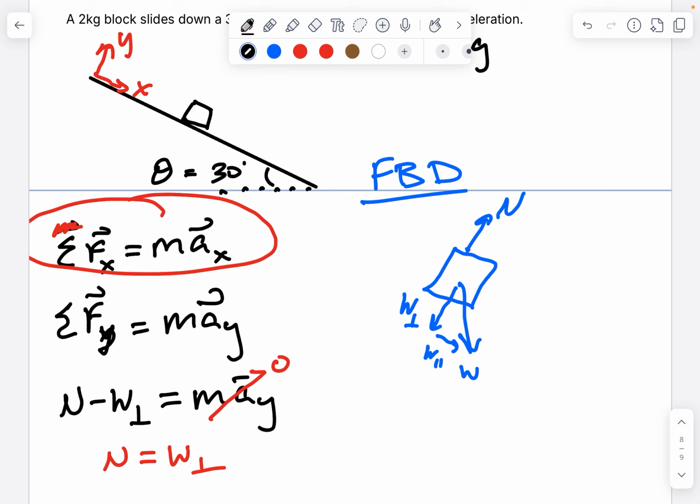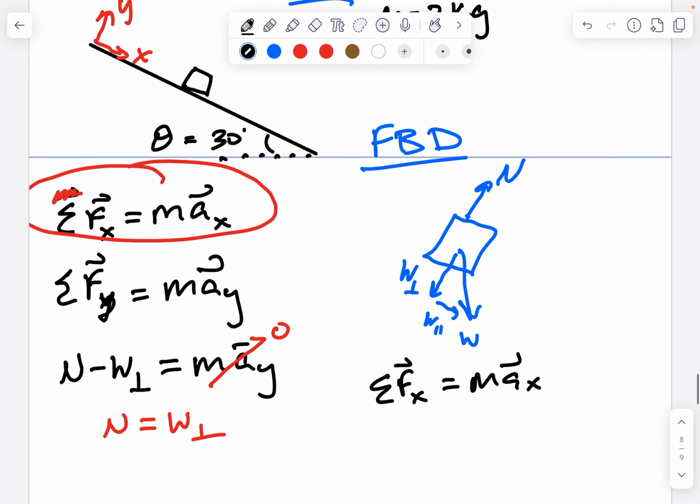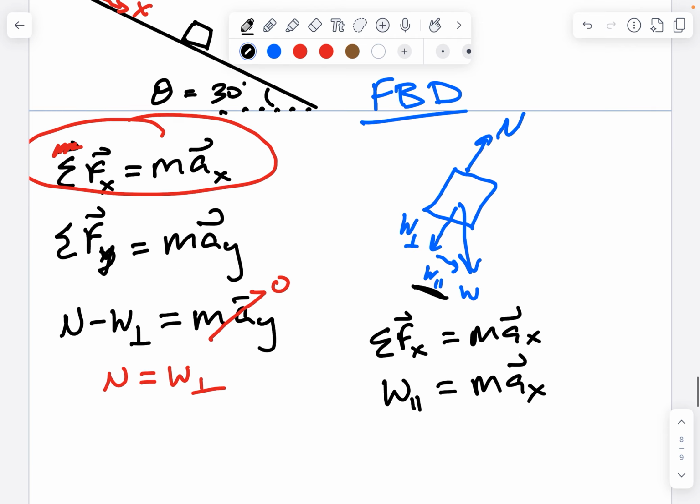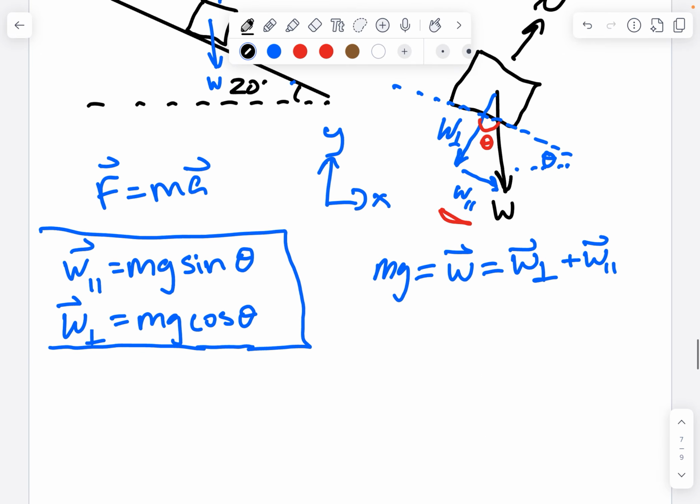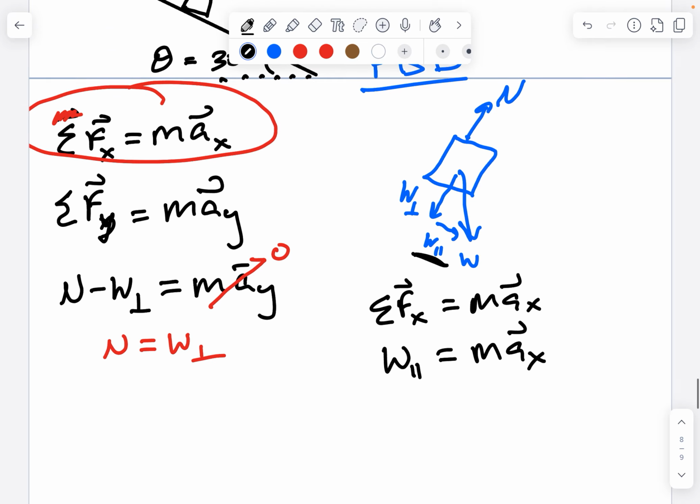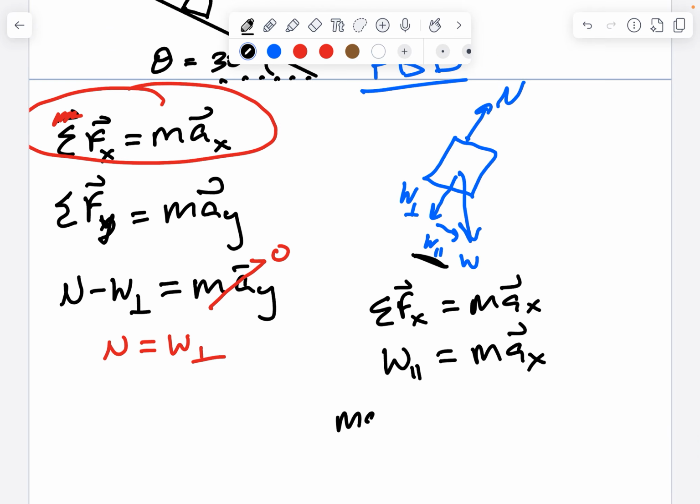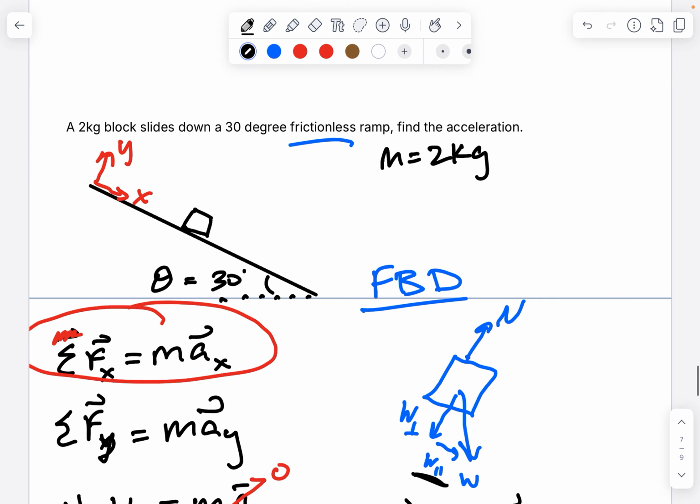All right, so we have the sum of forces in the x direction equal to mass times acceleration in the x. We know the force in the x direction is just weight parallel. So weight parallel is equal to mass times acceleration in the x. And weight parallel from above is just mg sine theta. So we have mg sine theta is equal to mass times acceleration. Now let's plug everything in. Mass is 2 kilograms, theta is 30 degrees.